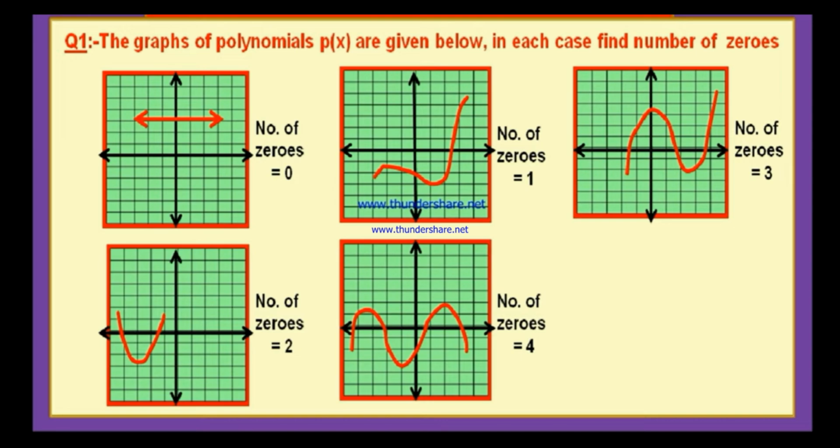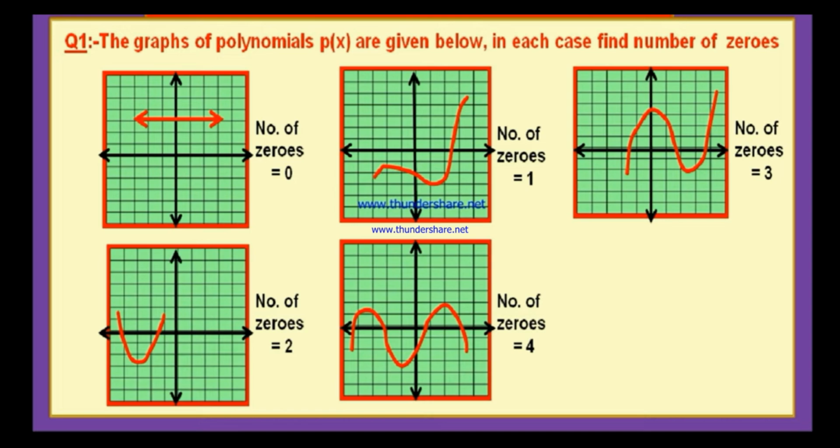If I give a polynomial x plus 2 and ask you to find the zero, then what will you do? You will equate x plus 2 to 0 and you may find the x value. Similarly, here also we have a polynomial. If we draw the graph of a polynomial, you will get a curve or a straight line. Now, if the curve is intersecting x-axis, that means at that point on x-axis, y coordinate is 0.